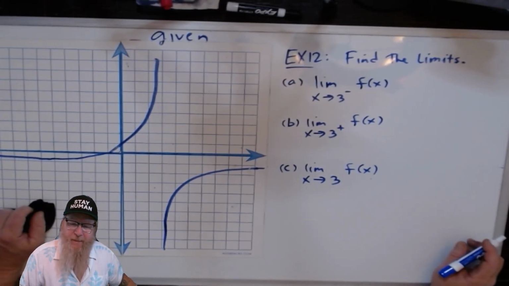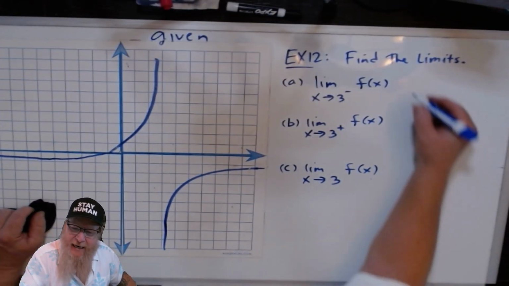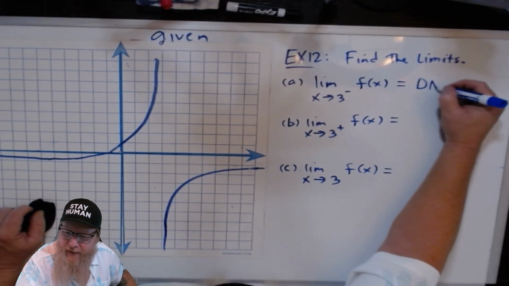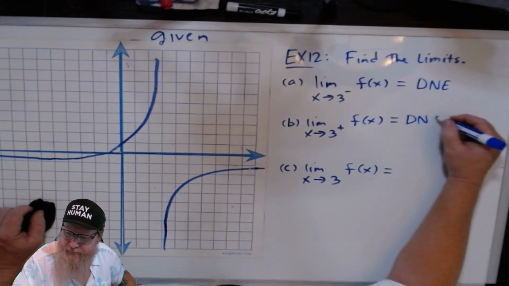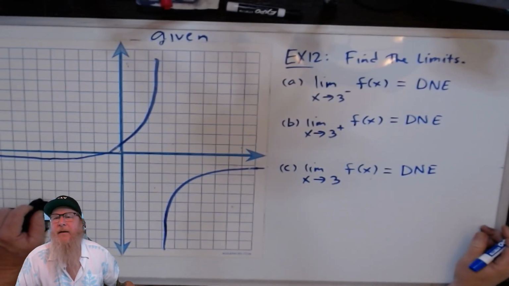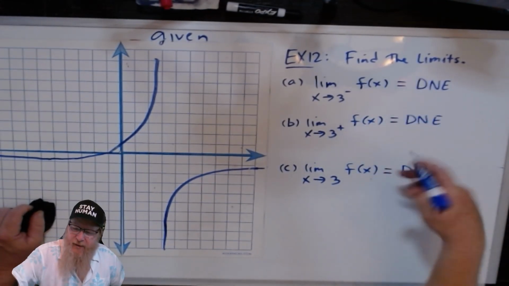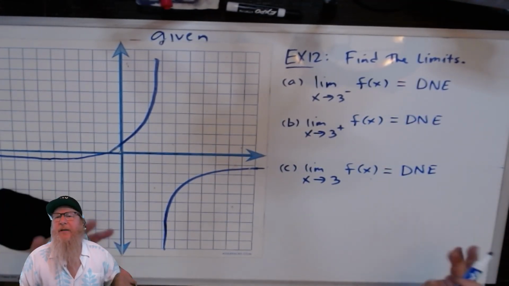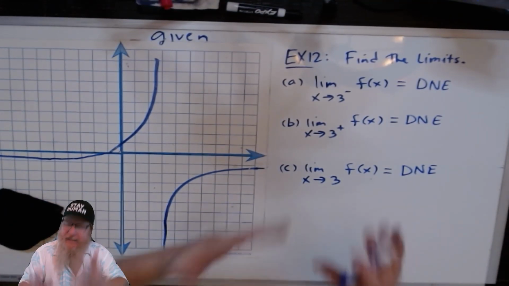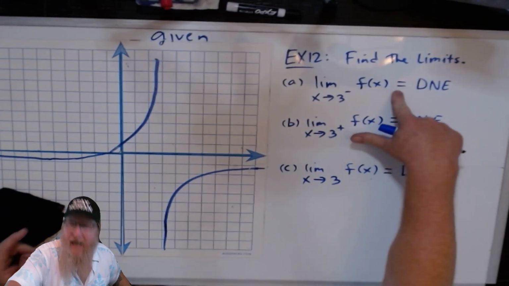So, technically, if you say equal to, all of these things are DNE. None of these limits are equal to any real number. That's the technical answer, if these are equal signs.